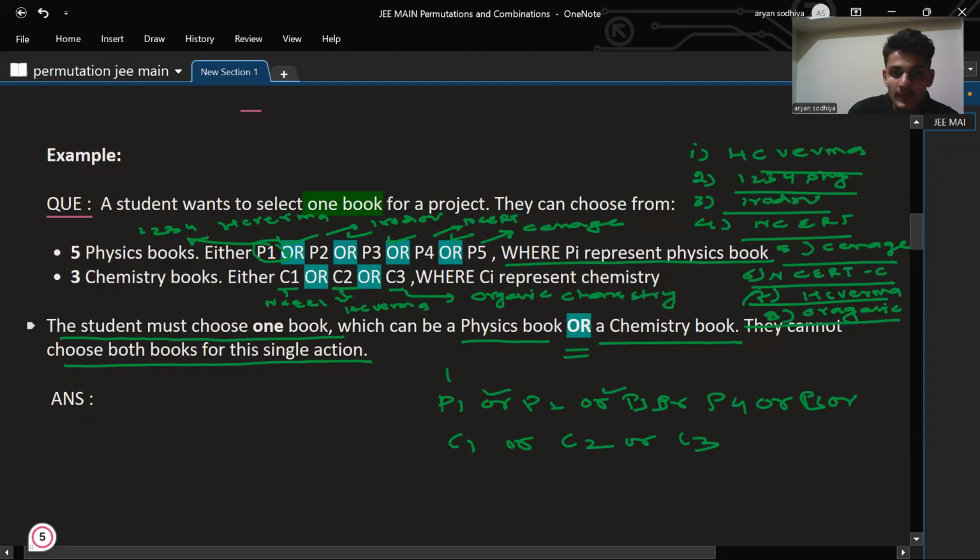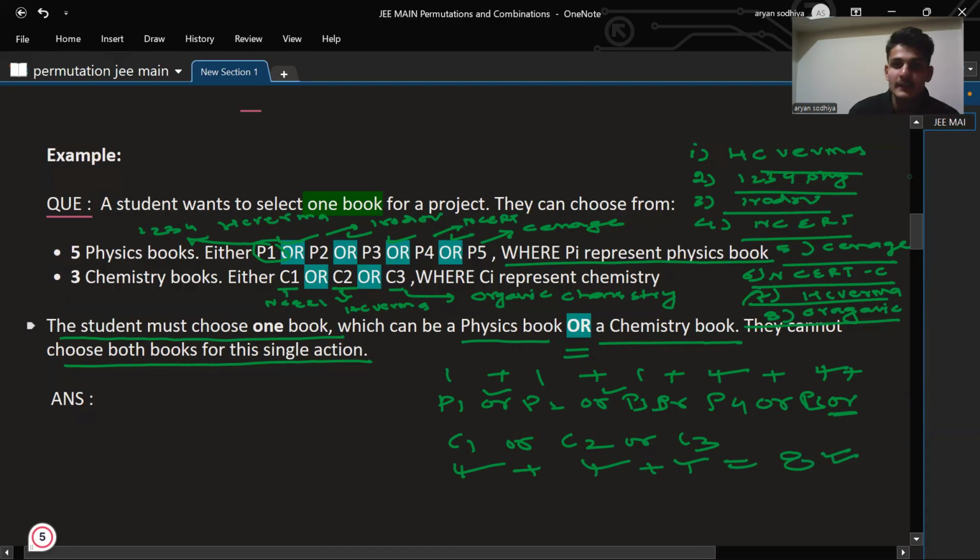Okay, so one way to choose a book is 1 plus 1 plus 1 plus 1 plus 1. Wherever "or" is coming, I am putting a plus sign over there, plus 1 plus 1. When I add all of them, 1, 2, 3, 4, 5, 6, 7, 8. The answer comes to 8. There are 8 ways to complete this task.